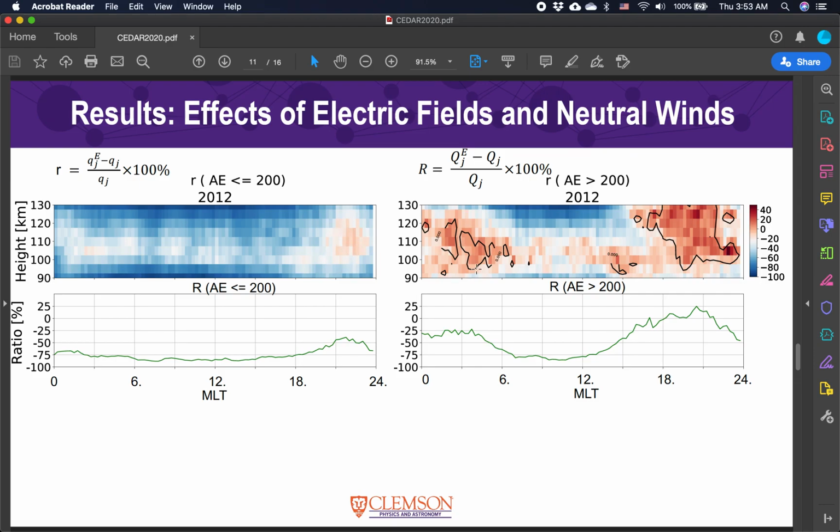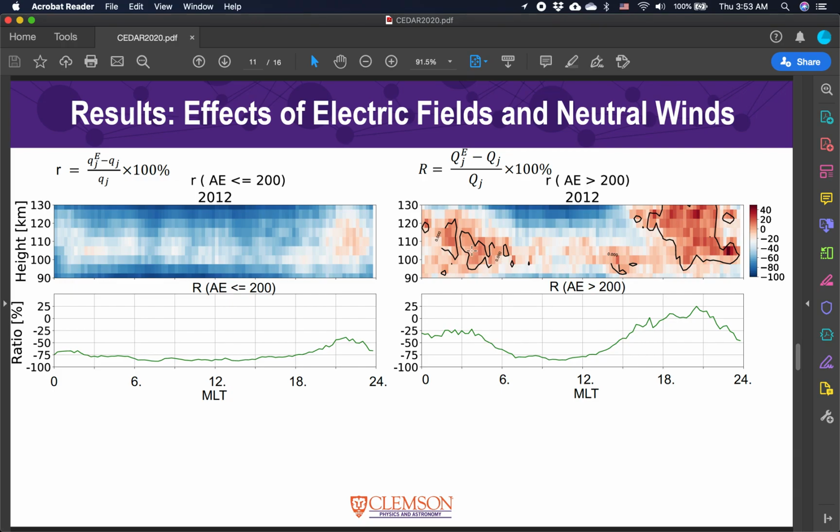Then under active conditions, we see that the ratio is large in the evening and the post-midnight sectors. And in the evening sector, we can even see positive ratios, which indicates that during this period, the electric field can accelerate the neutral winds, and neutral winds tend to reduce Joule heating.